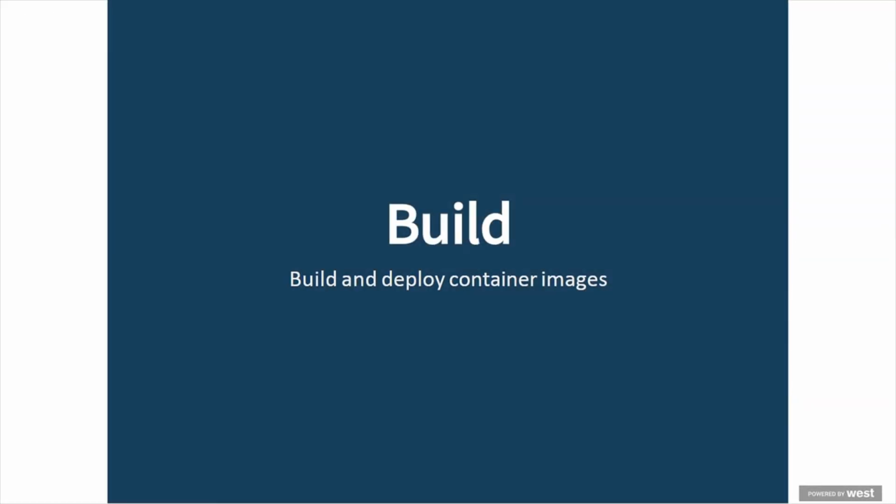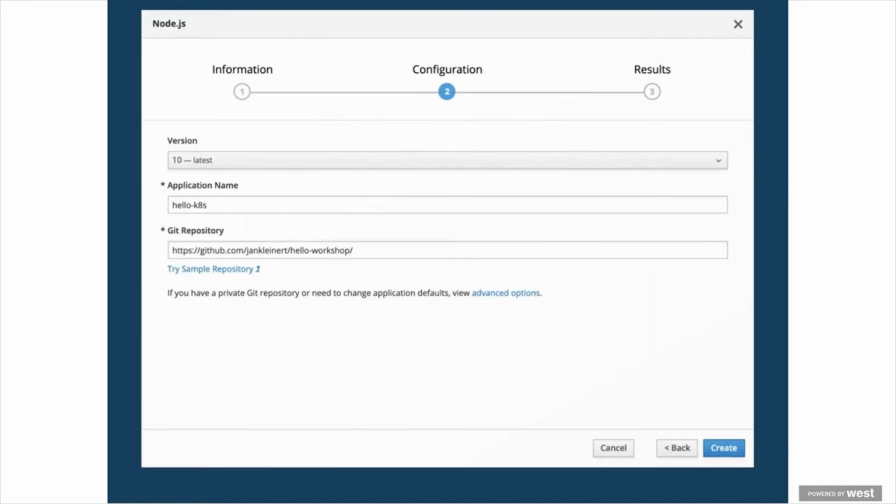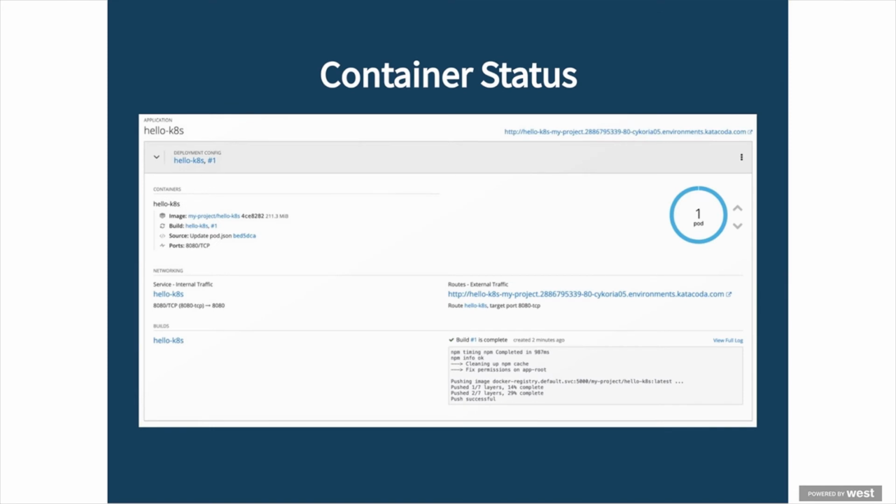The first major feature we'll get to on the OpenShift side is build automation. OpenShift provides easy workflows for building and deploying containerized applications. Web developers can select an item out of the service catalog, provide their repo information and application name, click Create, and they're off and running with a new application in the cloud.